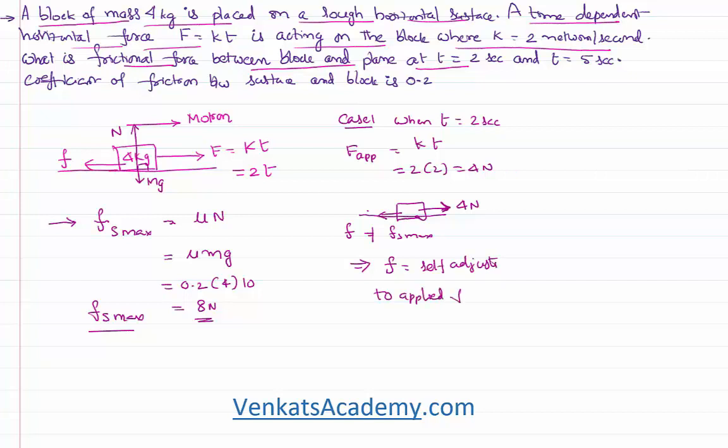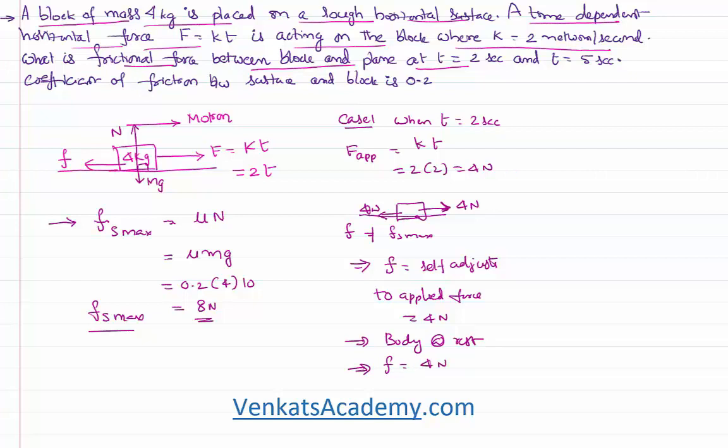As the applied force is 4 Newton, frictional force also becomes 4 Newton. Both of them cancel and the body remains in the state of rest. So in this case, frictional force is nothing but the applied force, 4 Newton.